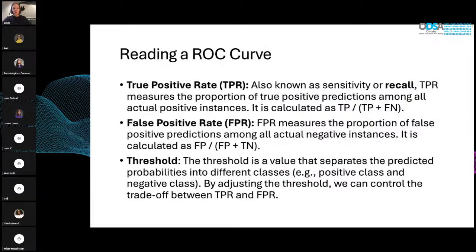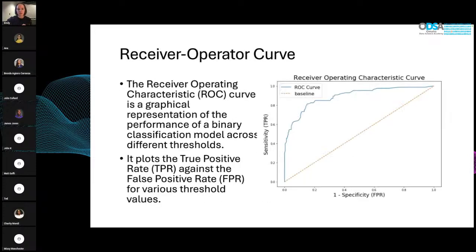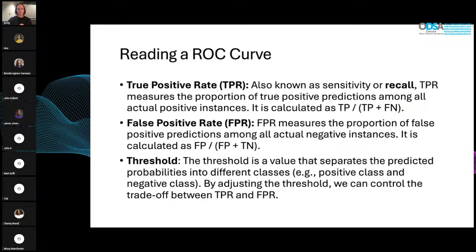So here are the actual definitions. Here are the components that make up this ROC curve. Here's how you would read it. Along the y-axis is the true positive rate, TPR, sometimes it is abbreviated. This is also sometimes called sensitivity.